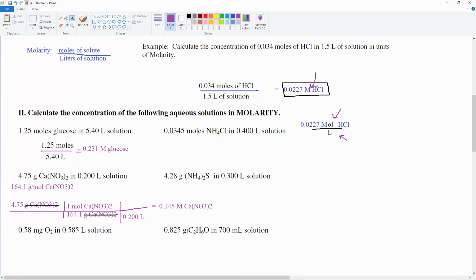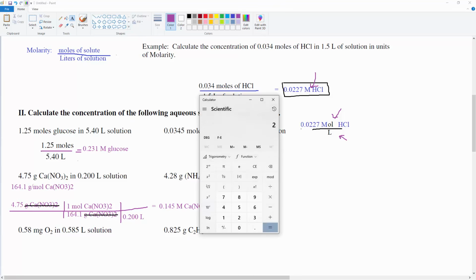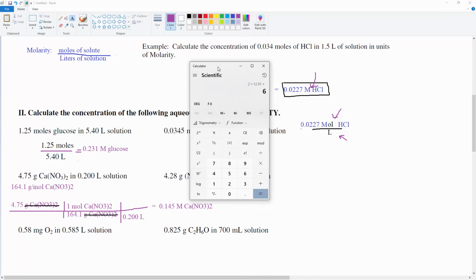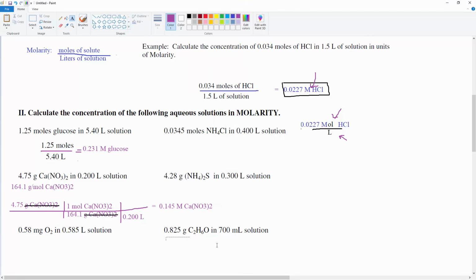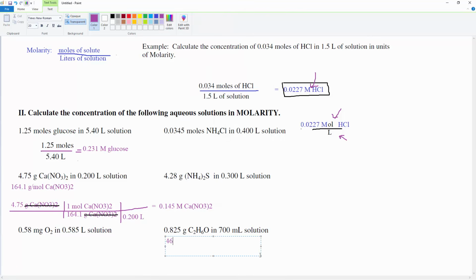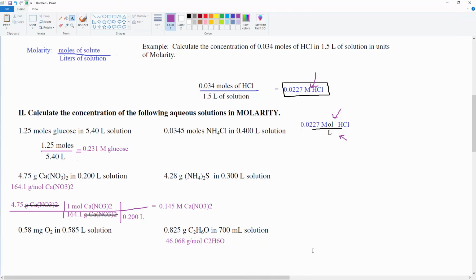We're going to need the atomic mass units because I was given grams and we need moles. Okay, so 2 times 12.01 plus 6 times 1.008 plus 16, 46.068 grams per mole. Okay. Oh, good.